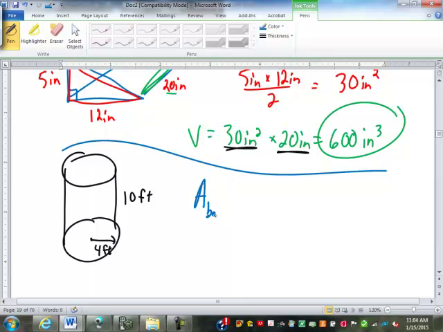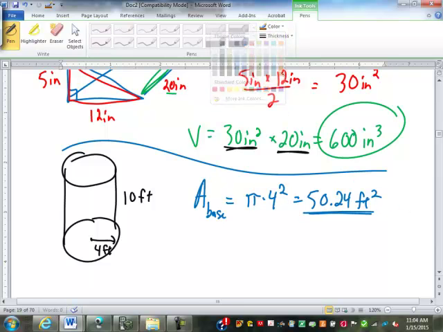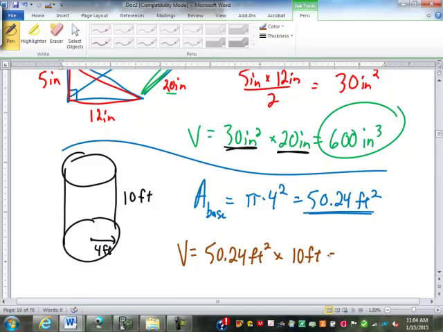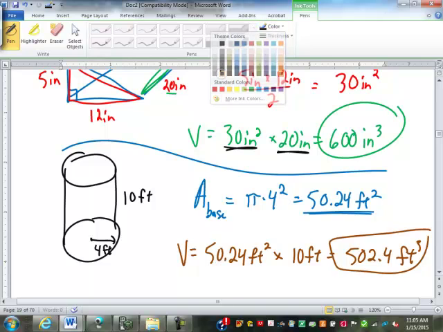So the area of the base is going to be pi times 4 squared, which is about 50.24 square feet. So then the volume will be that area of the base, 50.24 square feet, times the height of 10 feet. That's 502.4 square feet times feet, which is cubic feet, or feet cubed.